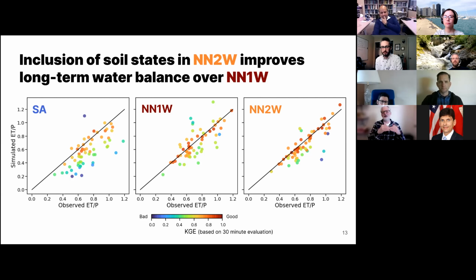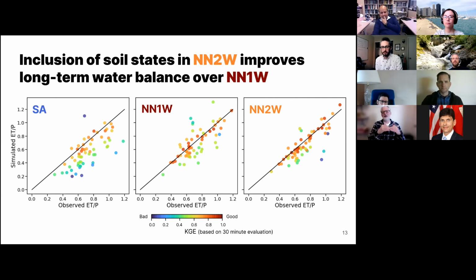So what we did was we trained NN2W with states from NN1W's coupled simulations, because the overall soil trajectories in time are more similar, or rather the heat fluxes that are predicted are more similar. This ends up being informative to the actual prediction of the heat fluxes using the state variables.